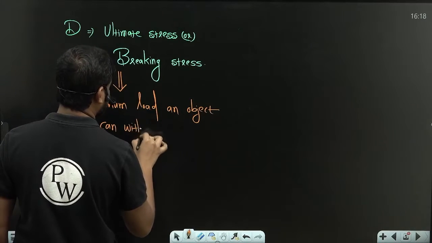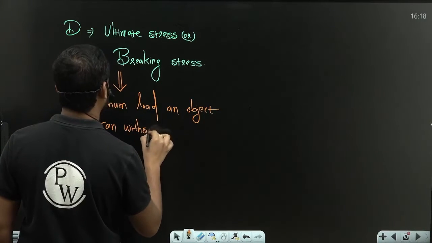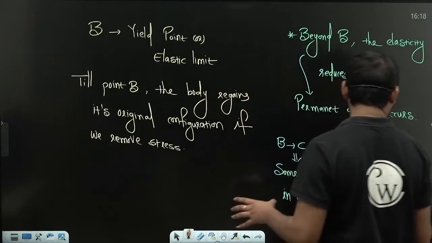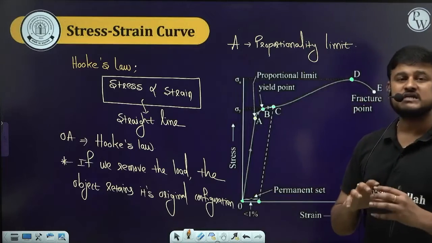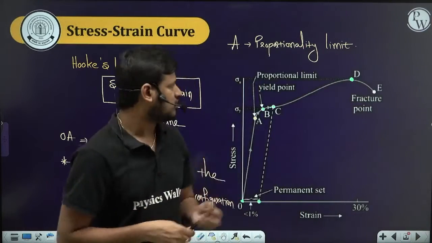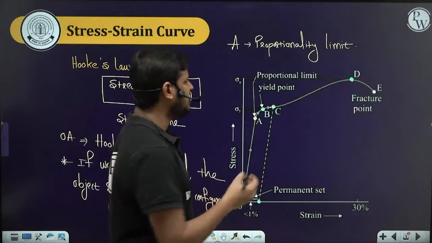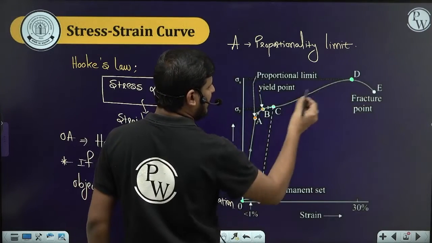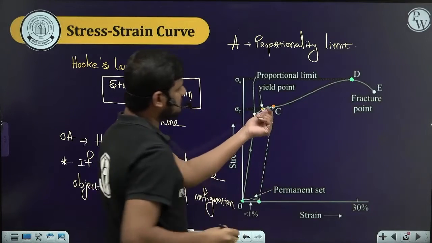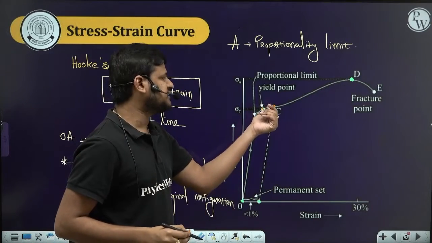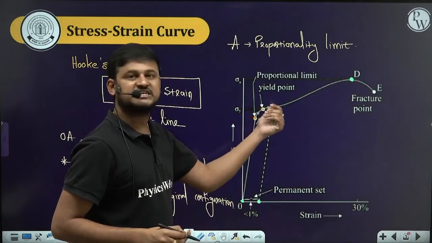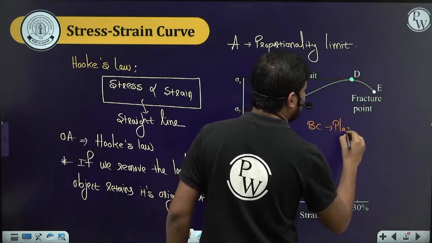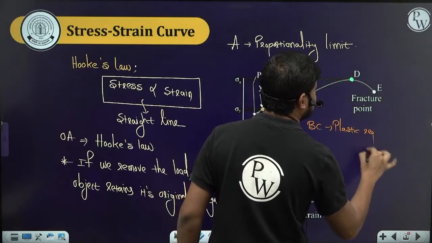Beyond this, if you apply any stress or load on the object, the body starts to break. See here, A point is the proportionality limit, B point is the yield point, and B to C is the plastic region, where the body will not retain its original position.